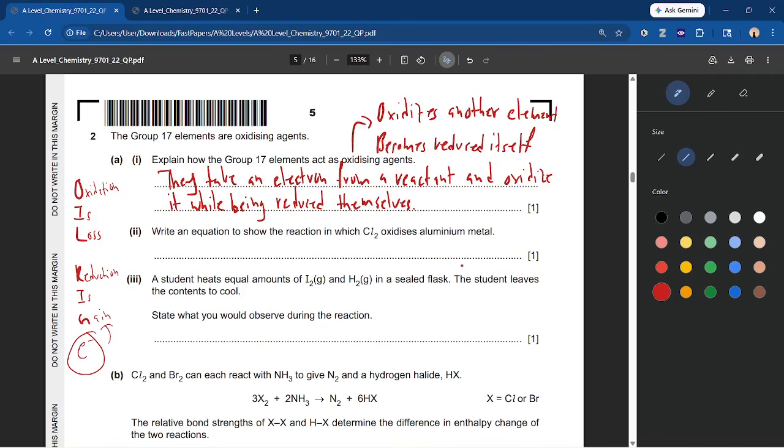So now the next question is write an equation to show the reaction in which chlorine oxidizes aluminum metal. So aluminum plus Cl2. Remember, chlorine only exists in a diatomic state. So you're going to get aluminum chloride. Aluminum has a +3 valency, so you're going to need 3 chlorine because chlorine has a -1 valency. So we need to balance this out.